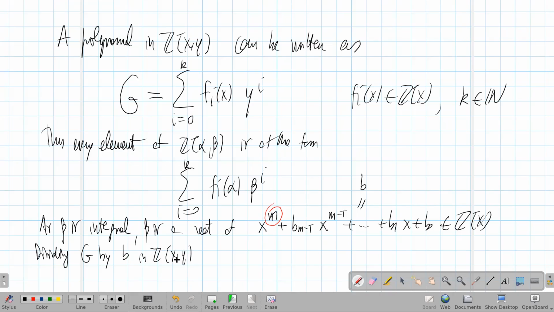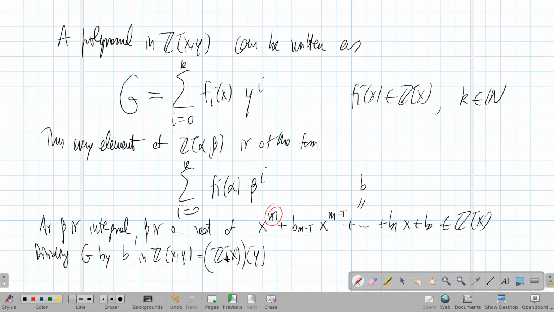In general you cannot do division of polynomials in Z, even in Z[x], but you do it here because you consider this as the ring of polynomials in y with coefficients in Z[x], a domain.